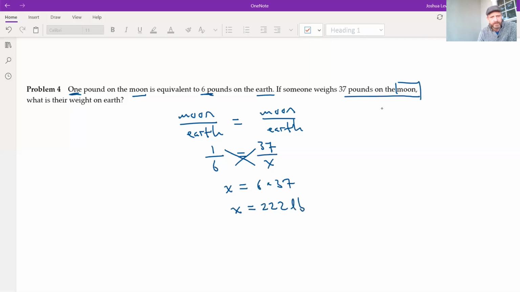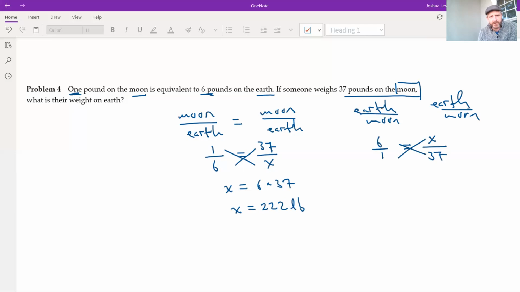Okay. Now, could you have done this the other way? Could you have said, well, let's do Earth over Moon? Sure, you could have. In this case, you'd have 6 pounds over 1 pound equals, and then make sure on the other side, your other ratio is also Earth over Moon. You'd have x over 37.